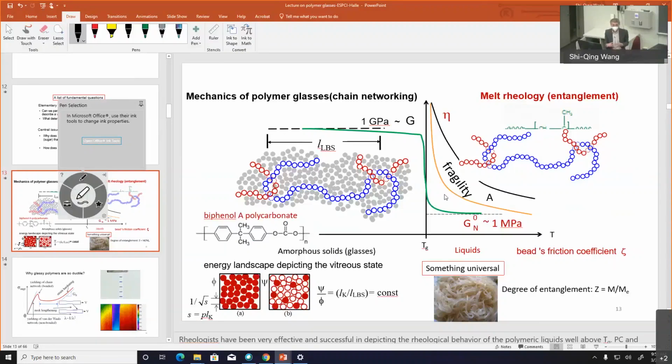So everything gets stuck. The savior, who is saving us, who is going to eventually allow us to get out of this misery of glassy state during deformation, is this network. Network is the Moses. It's going to take us out of the mountain.